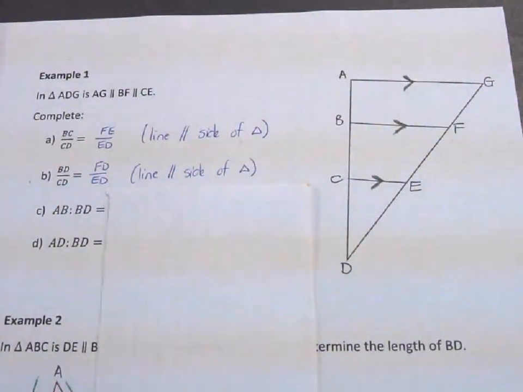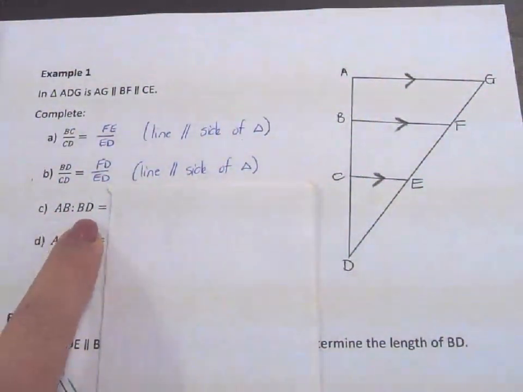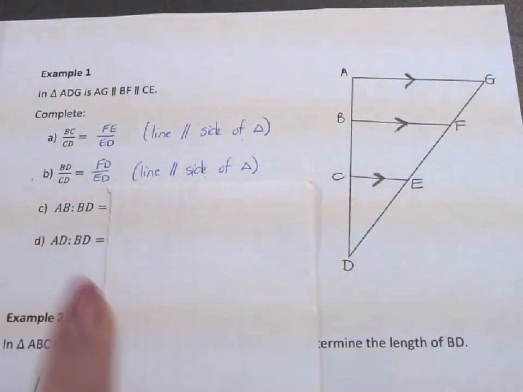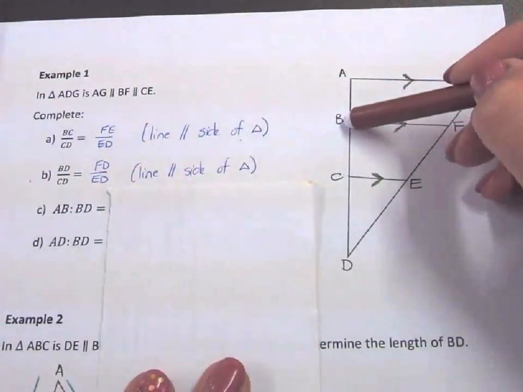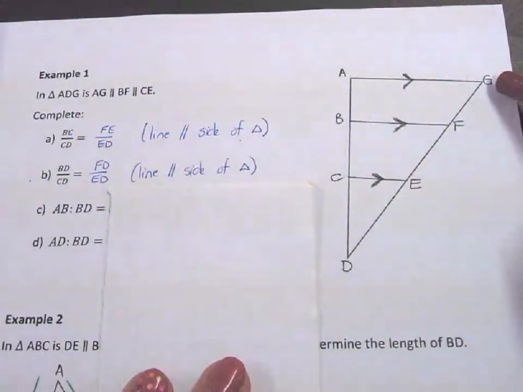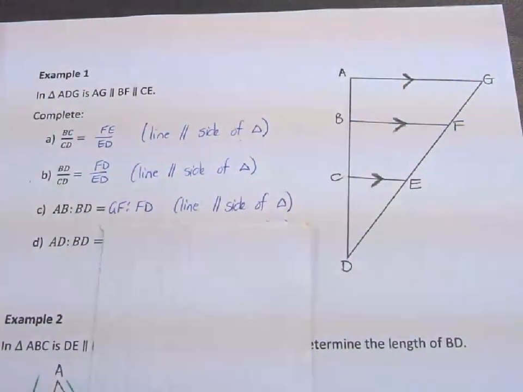Okay, I can also ask you the proportions with two dots instead of a fraction. So it means the same. AB over BD, or you can read it as AB to BD. So AB and BD will be the same as GF and FD.